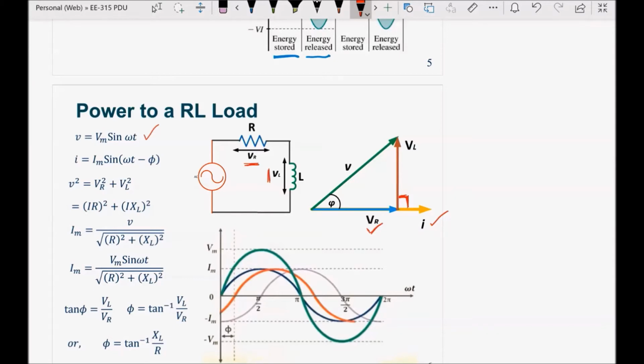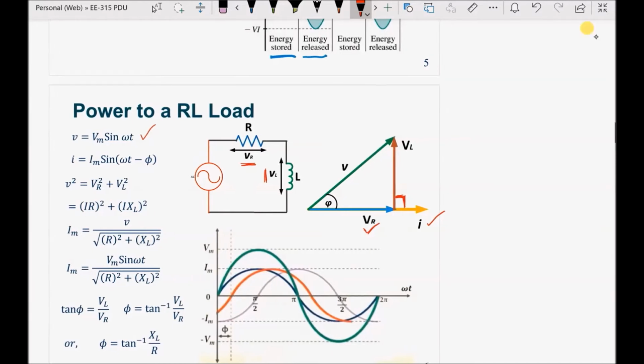So this is how the phasor looks like. This also shows that the angle between the current and the total voltage is some angle phi, which is unknown at this point. With this assumption, we write the equation of I, the instantaneous current. Current is this: Im sin omega t minus phi.